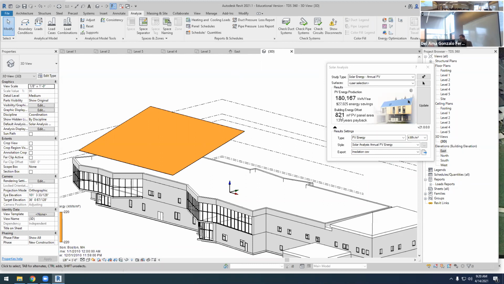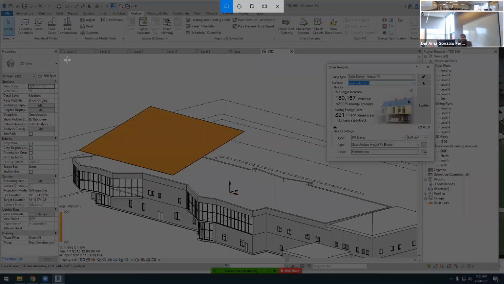We have 821 square meters, because we are working in international units. And this is the kilowatt hour per year. This is the PV energy production. So as always, I'm going to take a screenshot of this, because now we have to compare this to our PV watts study.